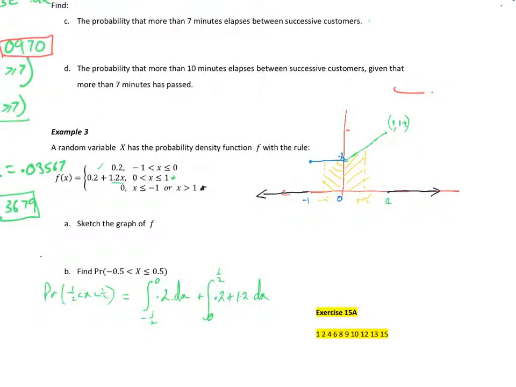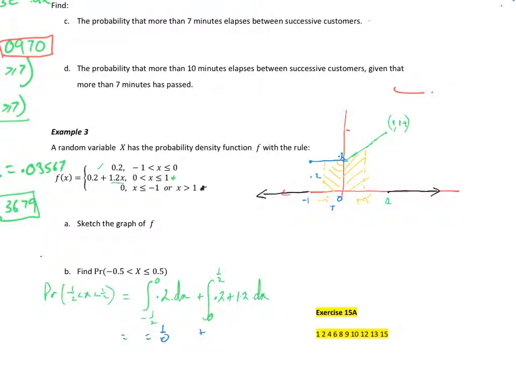So they're the two sections. This first section is actually just a rectangle, 0.2 tall, 0.5 wide. If I use my CAS, I'll get 0.2 by 0.5, which is equal to 1/10 or 0.1.